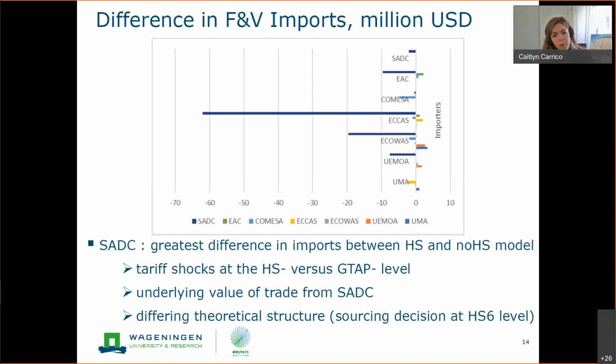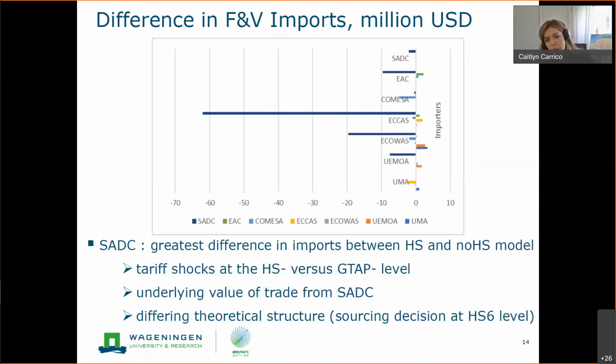And I should say we also have the differences in terms of the trade, not just the tariff shocks, but the differences in terms of the trade flows distributed across the HS lines versus in one aggregate commodity. And we also have this different theoretical structure where you have the source union decision at the HS6 level.